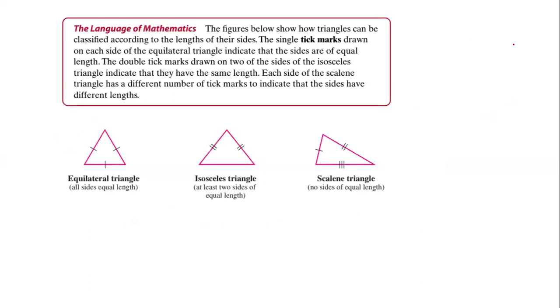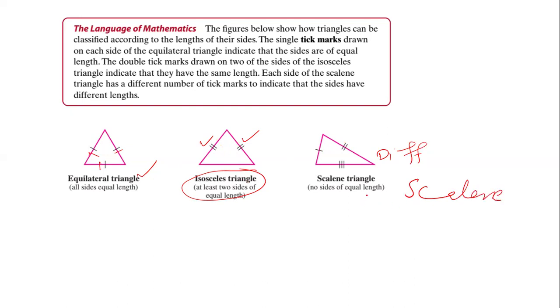We have studied these triangle types. When all the 3 sides are equal, that is known as an equilateral triangle. When 2 sides of a triangle are equal, that is known as an isosceles triangle. If all the 3 sides are different, that is known as a scalene triangle.